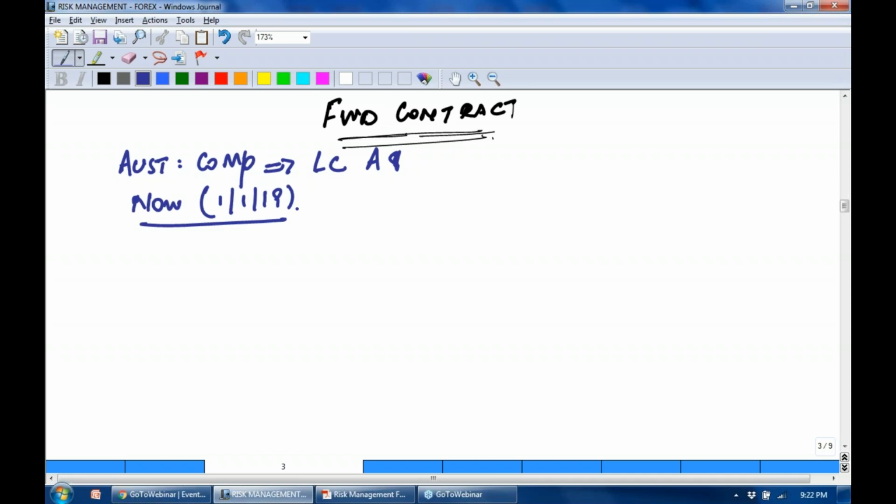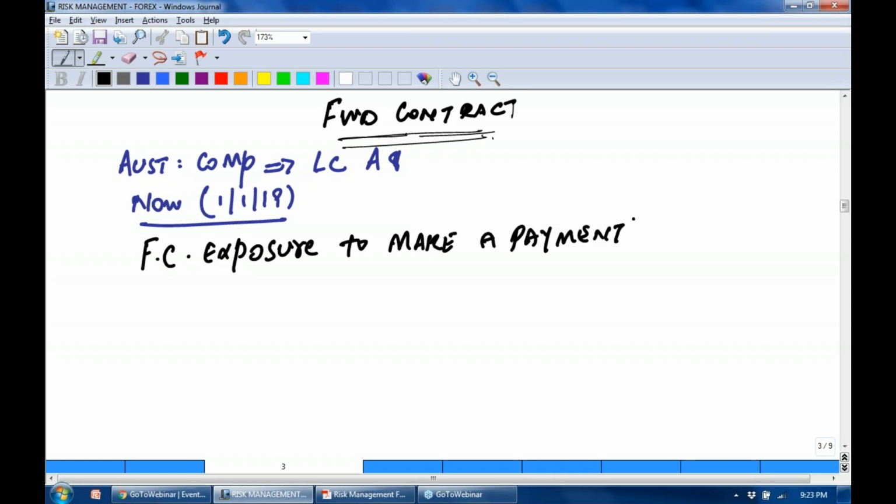Please, your concentration is required here. There is a foreign currency exposure to make a payment of sterling 100,000 after 2 months, that's 1st March 2019.